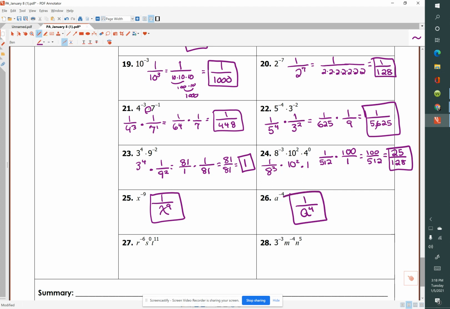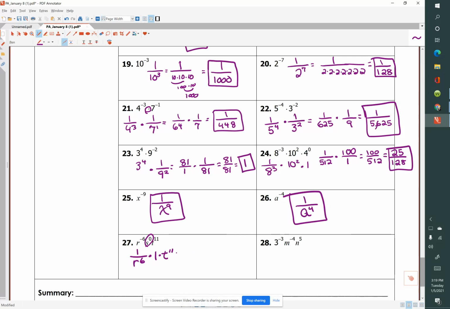Okay, we're being challenged a little bit with number 27. We have r to the negative 6, so that would be 1 over r to the 6 times anything to the 0 power equals 1 times t to the 11th.